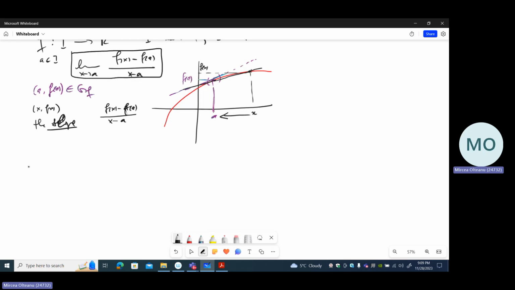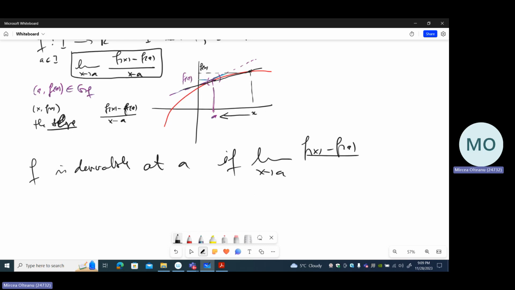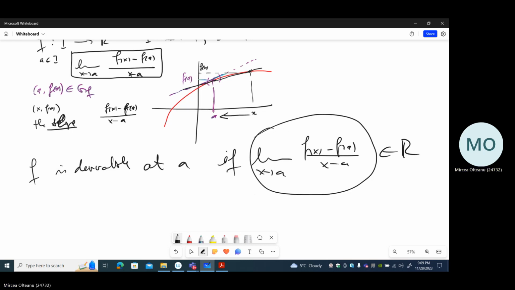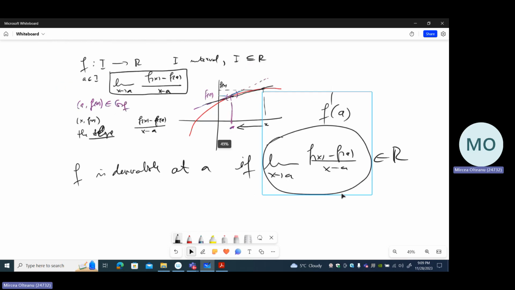And now the definition is that we say that f is derivable at the point a if this limit exists and is a real number, so it's not infinite. Exists and belongs to R. If this is the case, then we denote the value of the limit with f prime of a, and we call it the derivative of f at the point a.